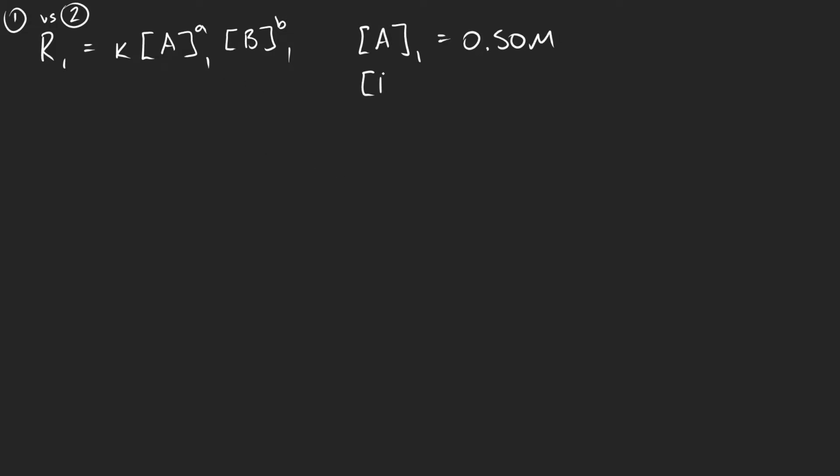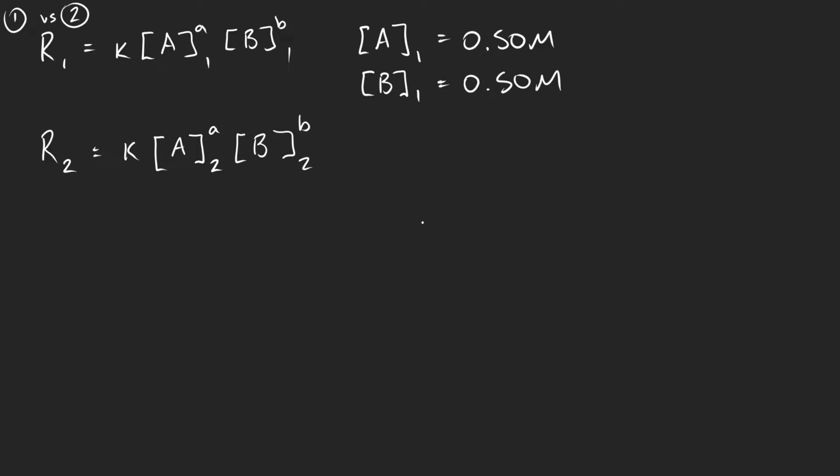When we take a look at the concentration of B for trial 1, that was also 0.50 molar. Okay? We can do the same thing for rate 2. That is equal to K times the concentration of A for trial 2 to the A power times the concentration of B for trial 2 to the B power.